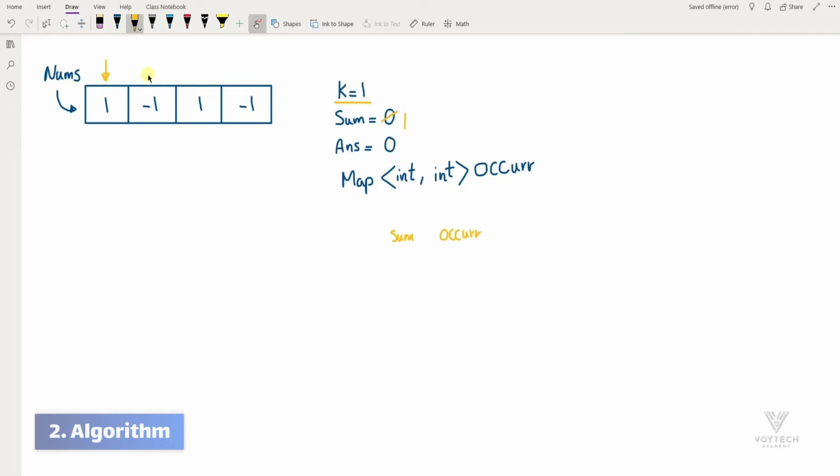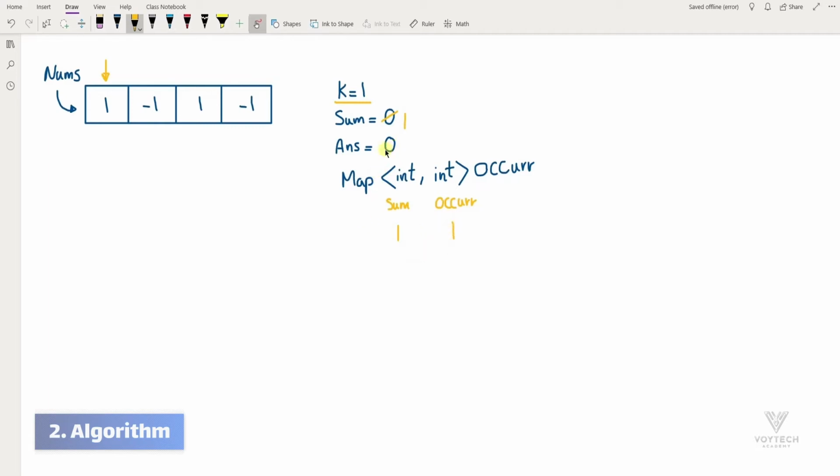So let's move them here and then write the variables beneath them. The sum equals 1 now, and its occurrence is also 1.